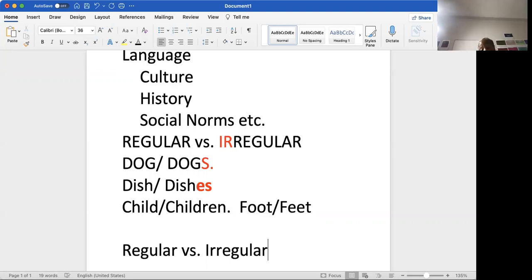These are all rules that you have to watch out for. At first you have to memorize them, then you have to watch out for them, right? But they're regular. Regular means it follows the rule. But when you have child, for example, or foot, or sheep, or fish, these are all irregular, and you don't know the difference between the singular versus the plural until either you look it up in a dictionary, someone tells you, or you're taught in school, because you can't guess it because it's irregular.